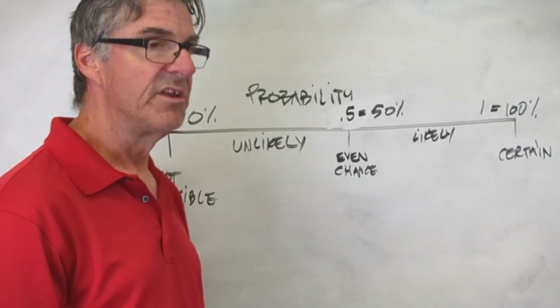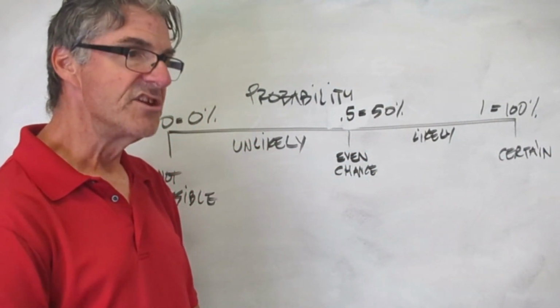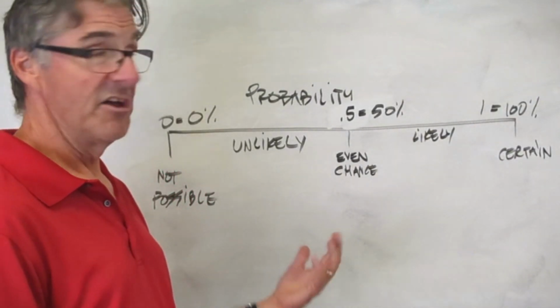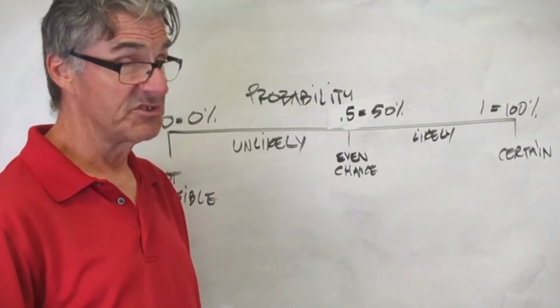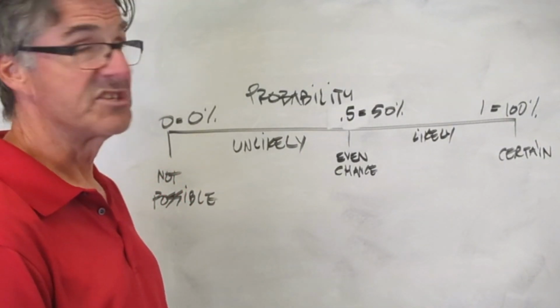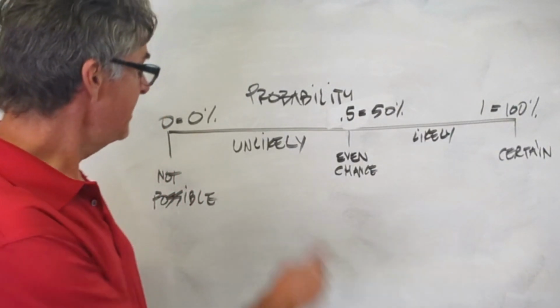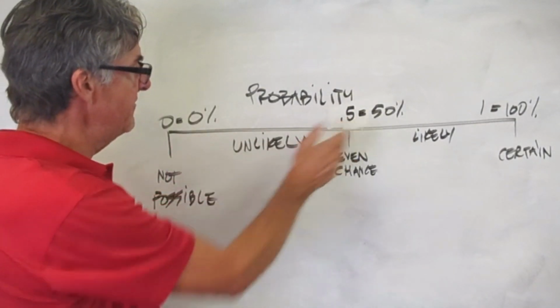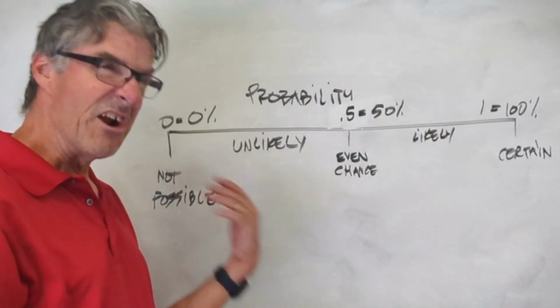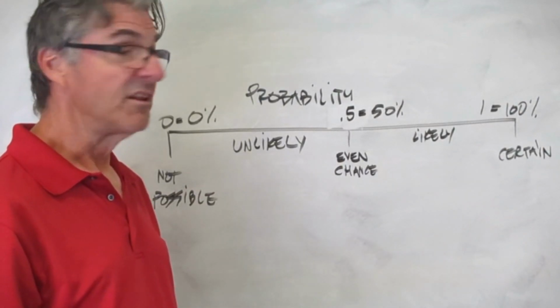For the die example, it would be like rolling a number 6 or smaller on a die. Well, you're going to do that because it just goes 6, 5, 4, 3, 2, 1. You're going to roll a number that's 6 or smaller on a die. So that event would be certain. And then if you're in between the 0 and the even chance, you've got an event that is in some way unlikely, either very unlikely or somewhat unlikely.